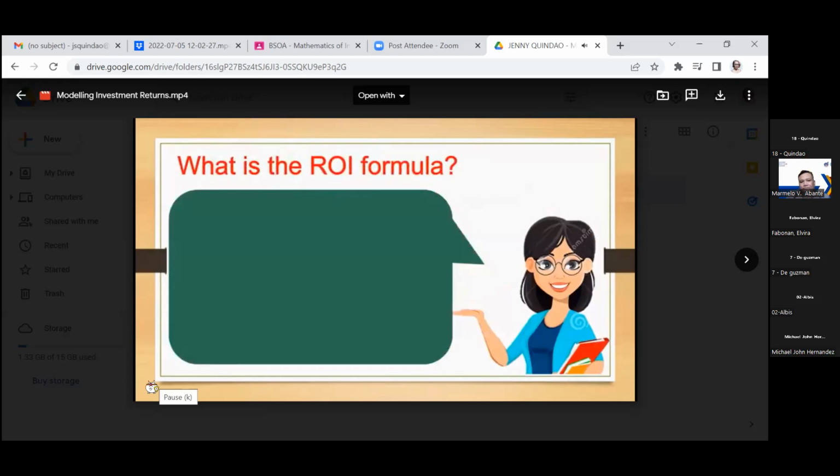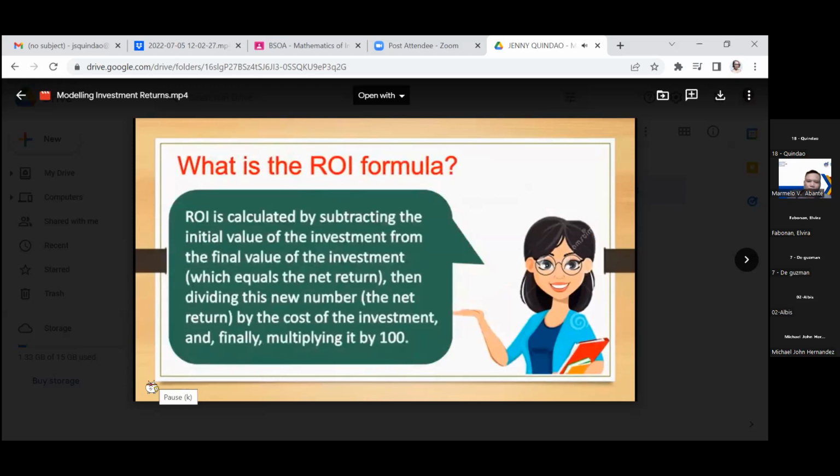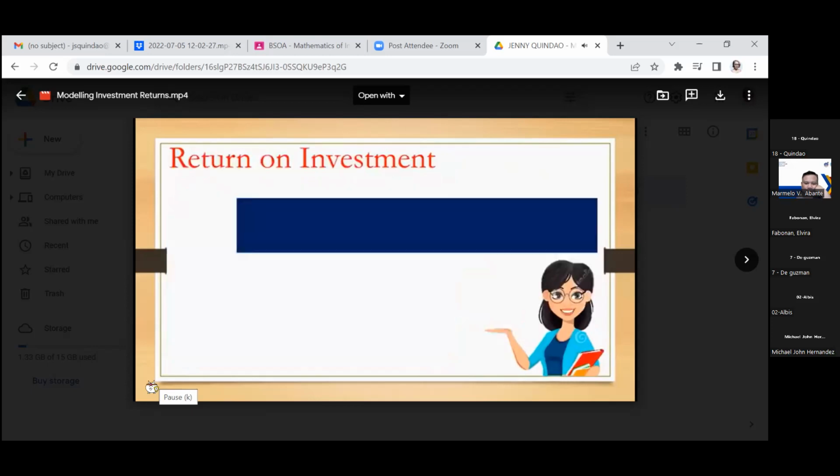What is the ROI formula? ROI is calculated by subtracting the initial value of the investment from the final value of the investment, which equals the net return, then dividing this net return by the cost of investment, and finally multiplying it by 100.